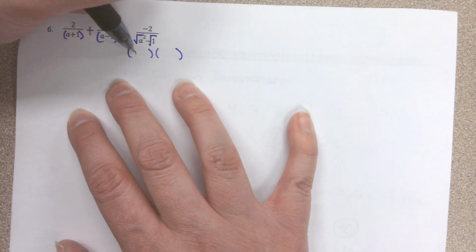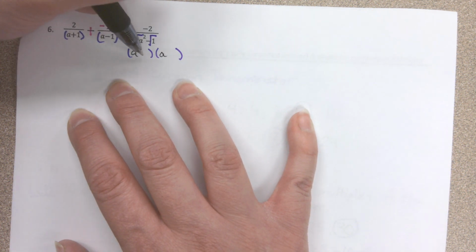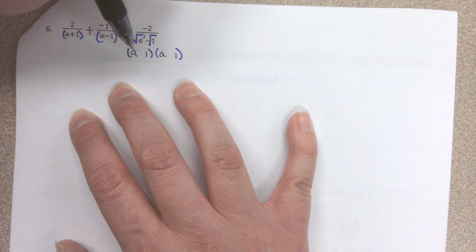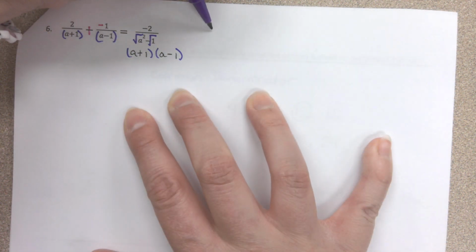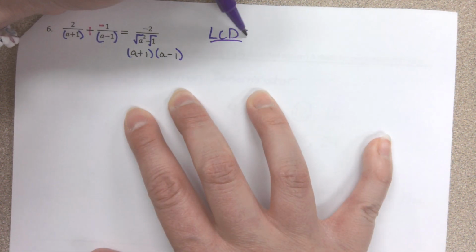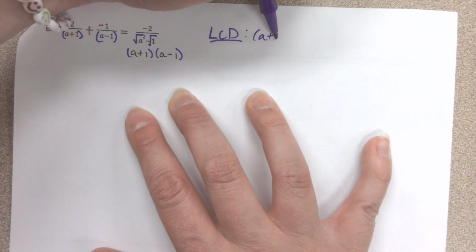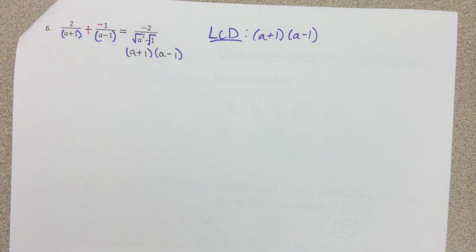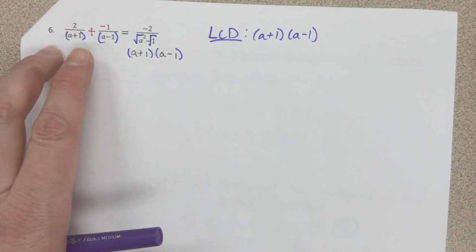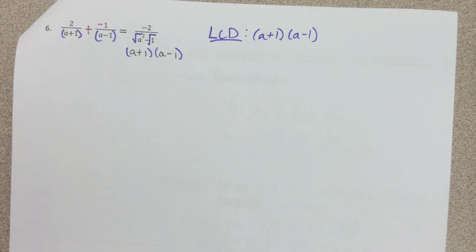Square rooting A squared, I have A's in the front, 1's in the back for square root of 1. And then we have the plus and the minus. A plus 1, A minus 1, which will be the LCD. The other fractions have one of those two parts, so everything is included there.